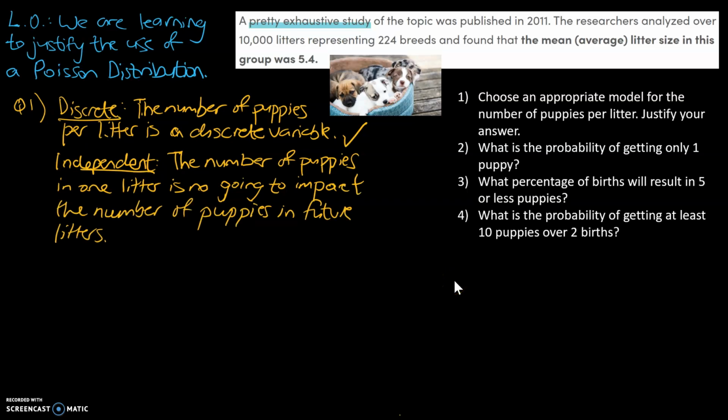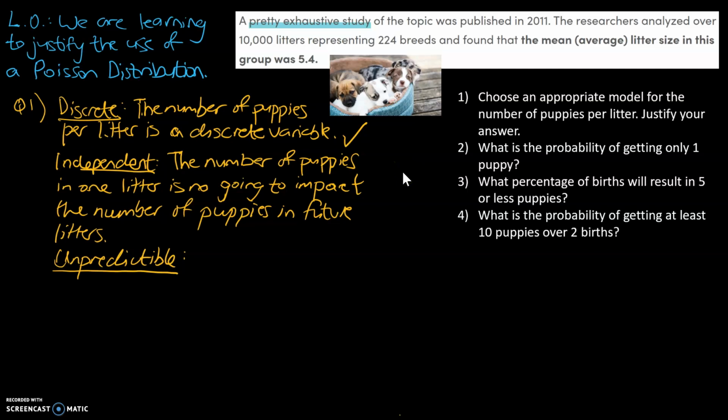The assumption after this is that it must be unpredictable. What that means is there mustn't be a way of guessing, or a pattern that you can use to have a really good crack at the number of puppies in the litter of a given dog.